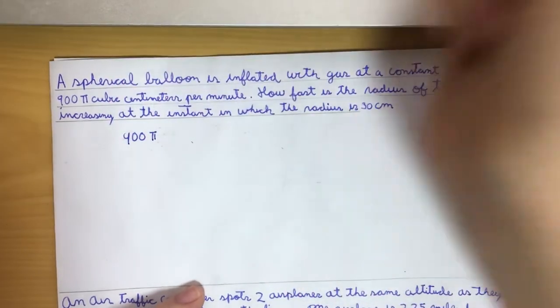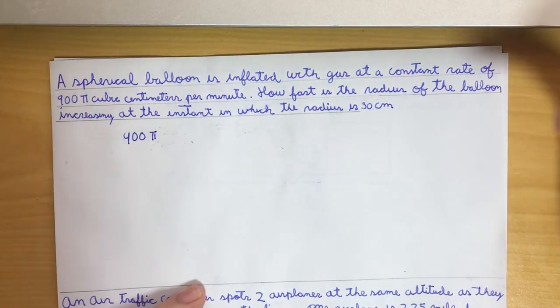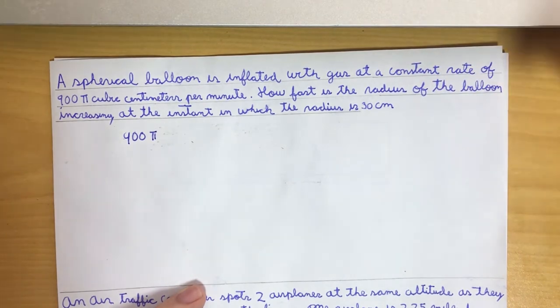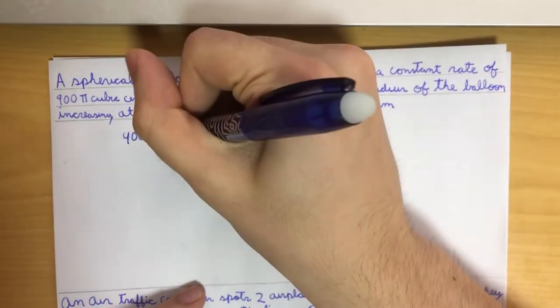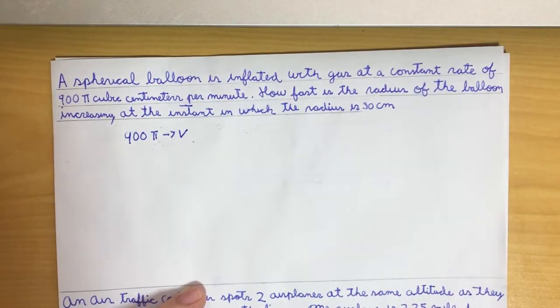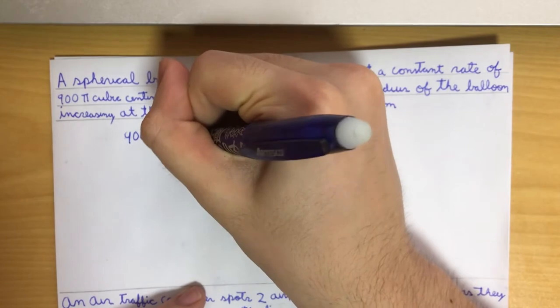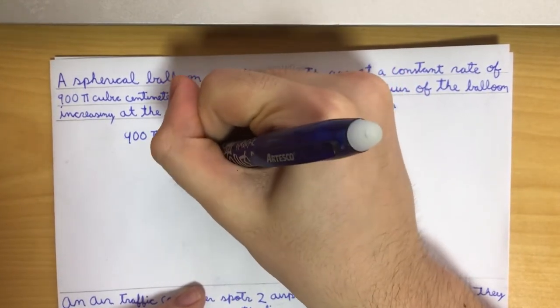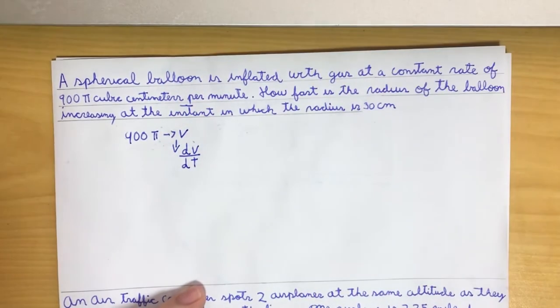The units are cubic centimeters per minute, so we already have the volume, right? Cubic centimeters. So that will be the volume. And it's talking about a rate, so I would assume that it is also the derivative of the volume, dV over dt, right?